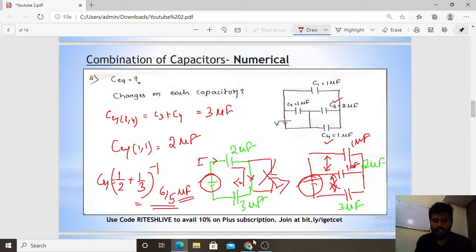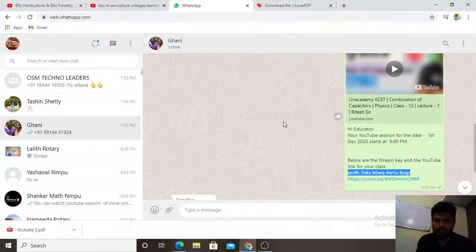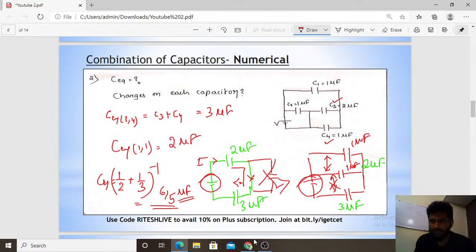Next, I need to find what charges are on each capacitor, that is Q4, Q3, Q2, and Q1.